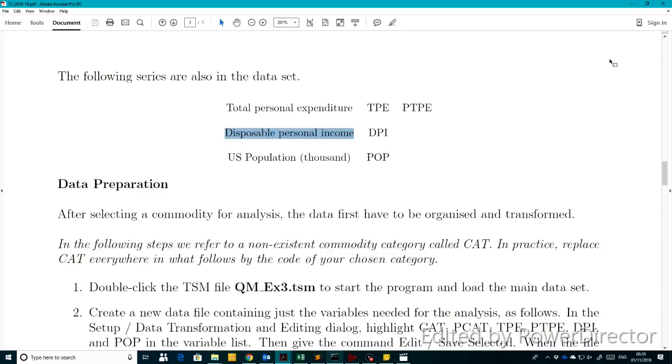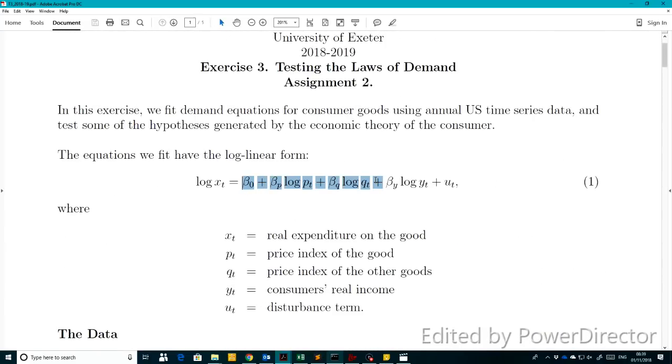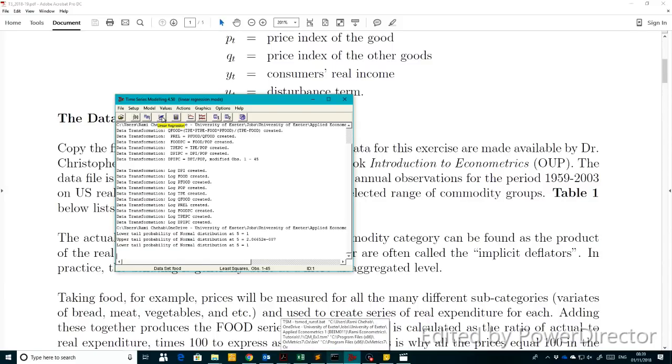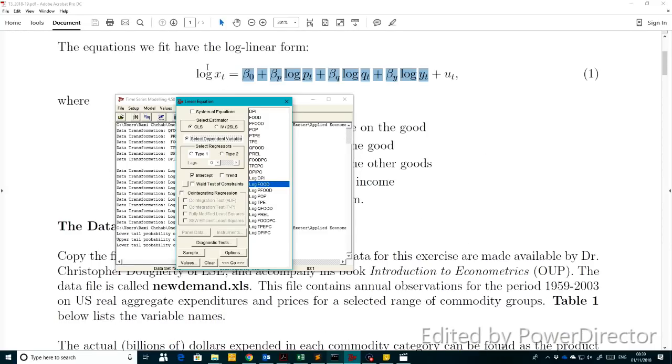So having said this, and knowing what each and every variable stands for, what we need to do now is use TSM to run this. We press on linear regression, select OLS, and select the dependent variable. Our dependent variable is going to be log food, because it's taking the logarithm, as you can see over here. Then we select regressors.